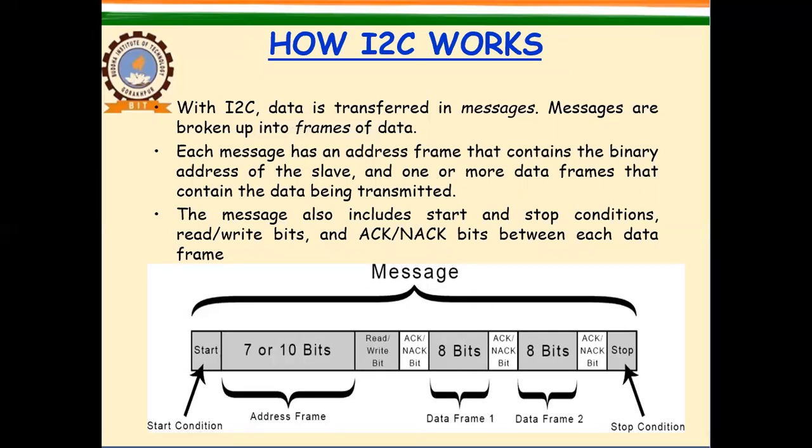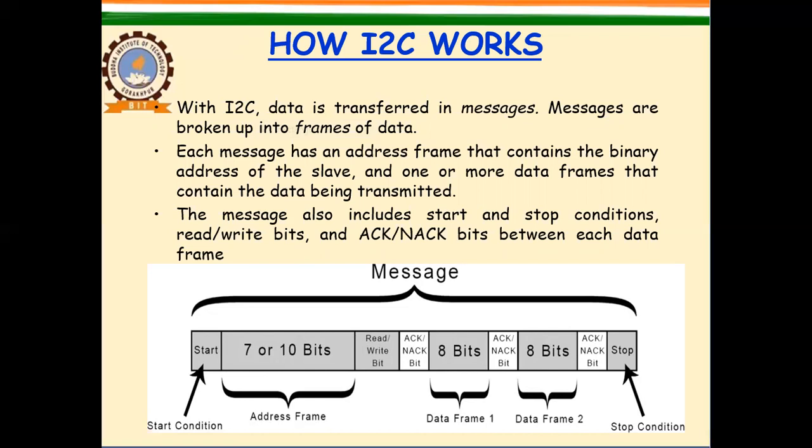In SPI, we have seen that once the clock signal synchronizes, the data can be transmitted consistently, without interruption, without break. Here, what we see is that the data is transferred in the form of messages, and a message is broken into frames of data. Means data is transferred here in the form of frames, frame after frame.